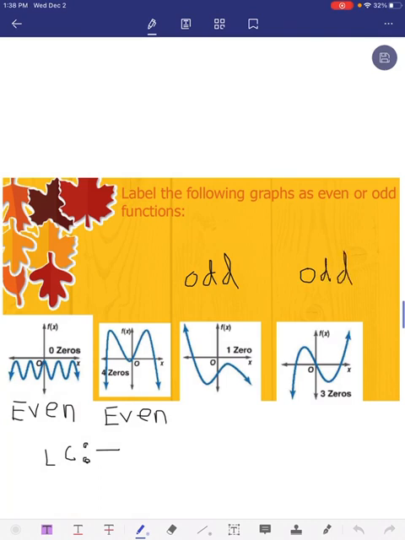Again, they're pointing opposite, so it's going to be odd. This time, though, for our first one, I'm pointing up on the left and down on the right, so our leading coefficient would have to be negative. On our second one, we're pointing down on the left and up on the right, so the leading coefficient would have to be positive.